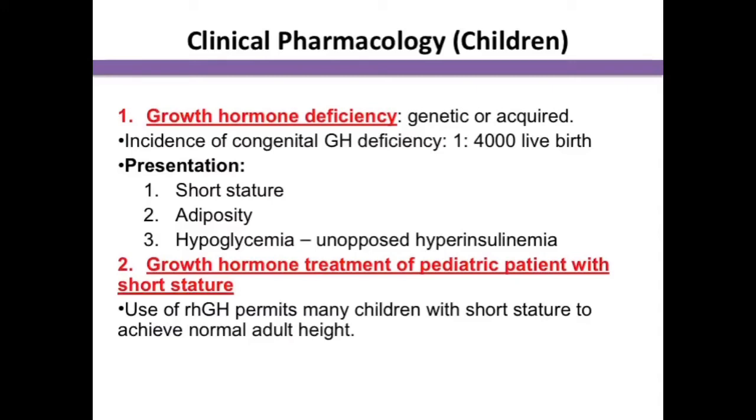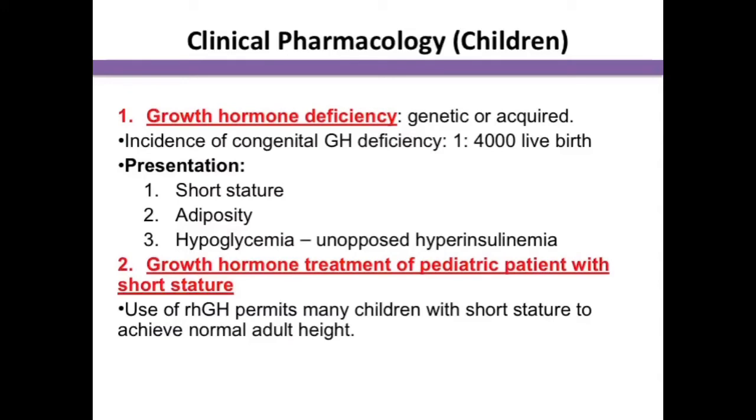Growth hormone deficiency in children is either genetic or acquired. The incidence of congenital growth hormone deficiency is around 1 in 4,000 live births, and they usually present with short stature, adiposity, and also hypoglycemia due to the unopposed hyperinsulinemia.